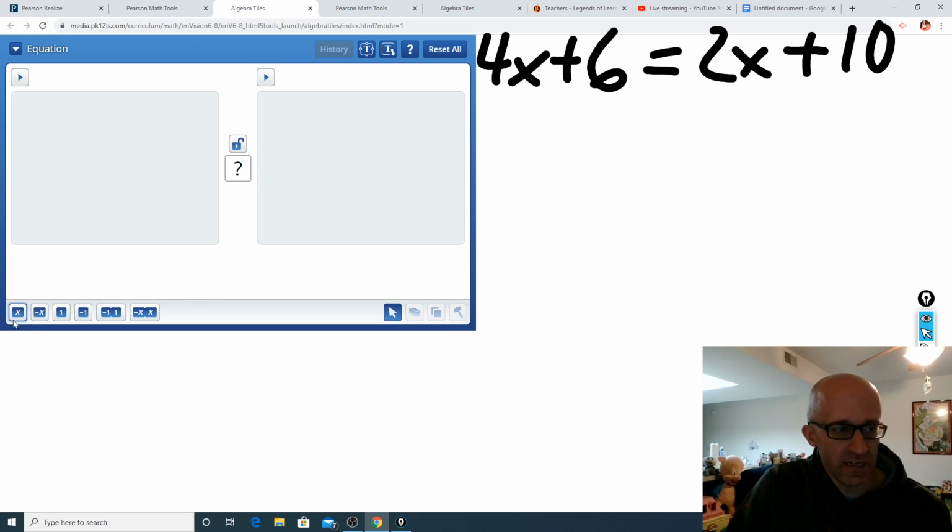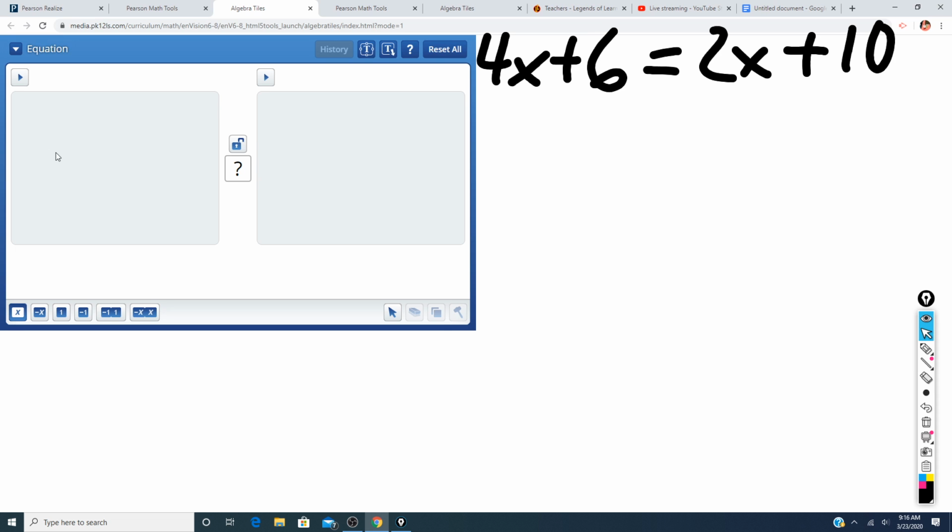With that being said, you want to click your X button down here, and in your left bin you're going to click this 4 times. So 1, 2, 3, 4 in the left bin. And then in the right expression bin, place 2 times. So in your left bin there's 4, and over here there's 2.